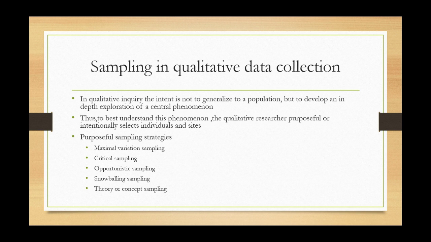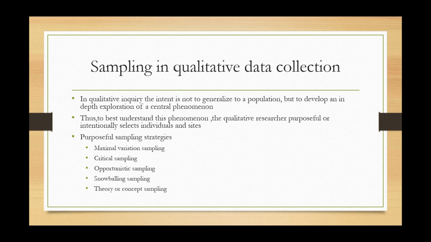What we need to do is develop an in-depth exploration of the central phenomenon. Unlike quantitative research, where we select a sample and analyze it to generalize to the general population, in qualitative research that is not the case.